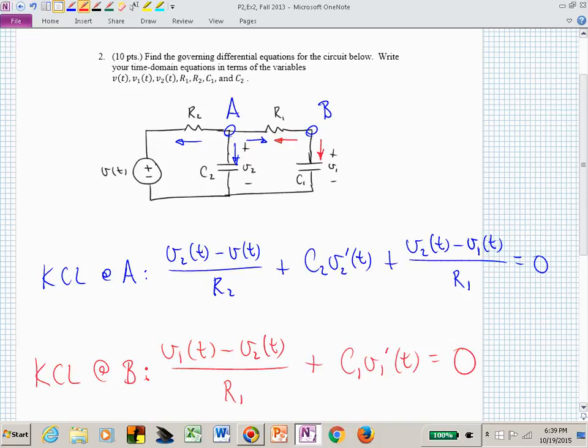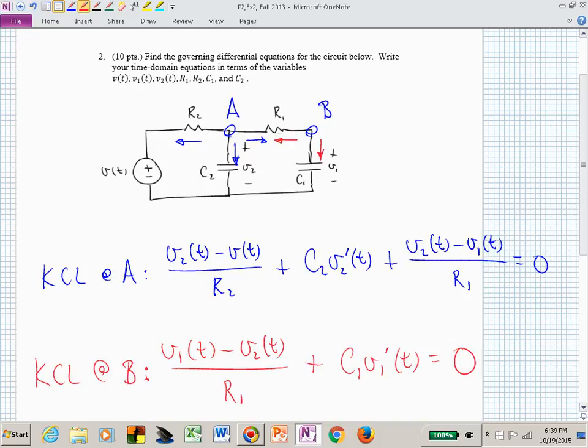Just like if you haven't gotten to problems 7, 8, 9, and 10, you might want to think about doing those, hint, hint, that I tried to say on exam 1. So look through the exam and see if there's some that just jump off the page and you can immediately solve those. Question? So for this example, you could have done a KCL at A and then done a KVL.